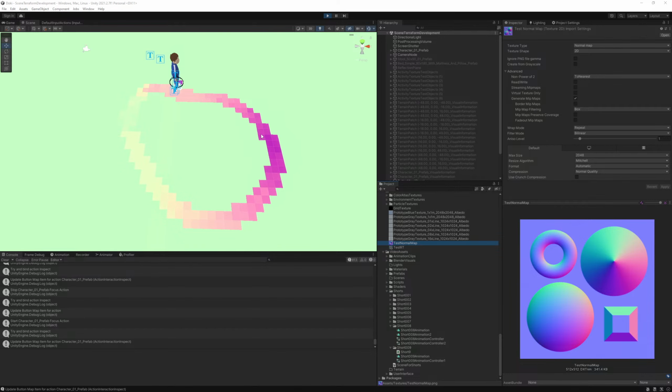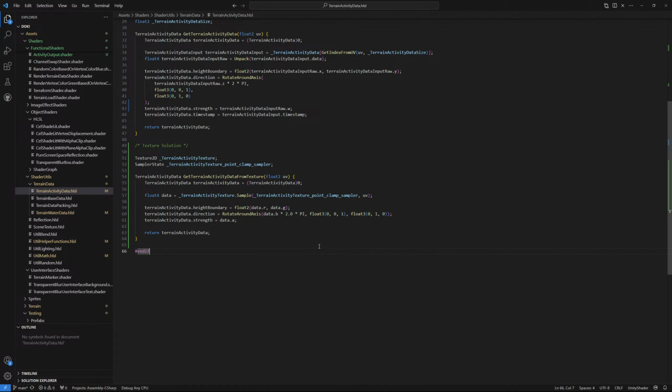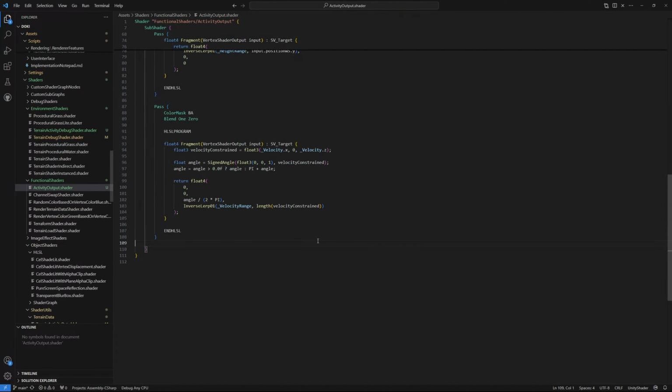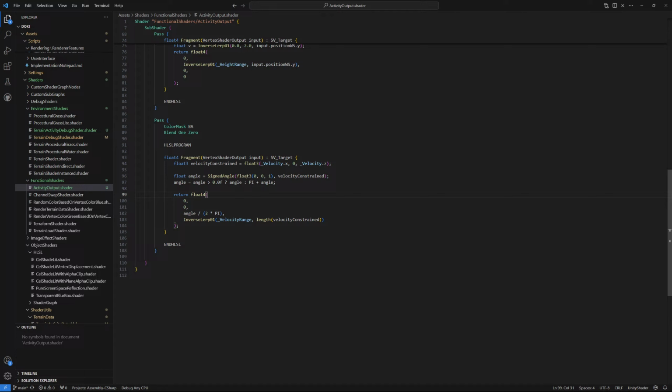So here we run downwards, here we run to the left. So yeah, we don't have a difference between right and left. Our signed angle doesn't really work, so I guess it's this one that doesn't work, which is unfortunate. So signed angle between forward and velocity constraint.